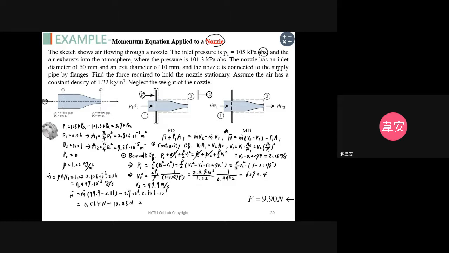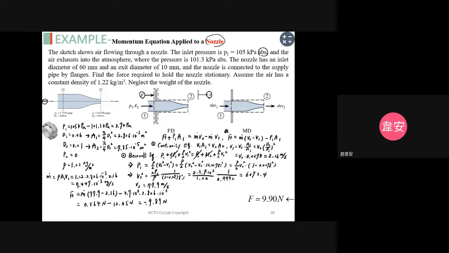So finally, it is equal to minus 9.89 newtons. So this is F equal to minus 9.89.